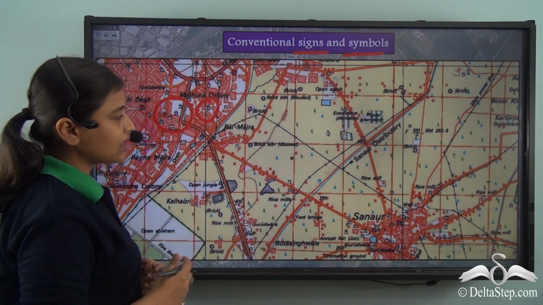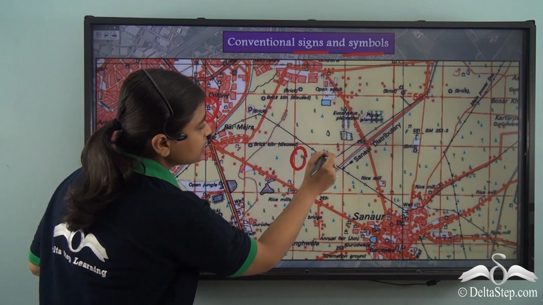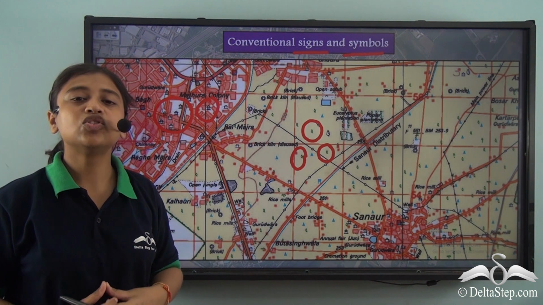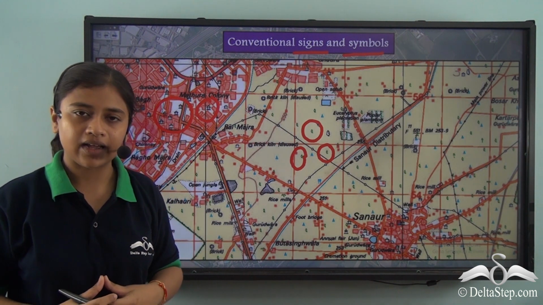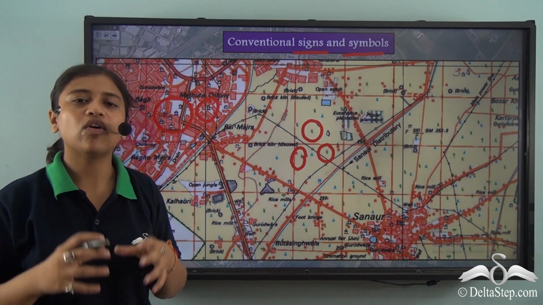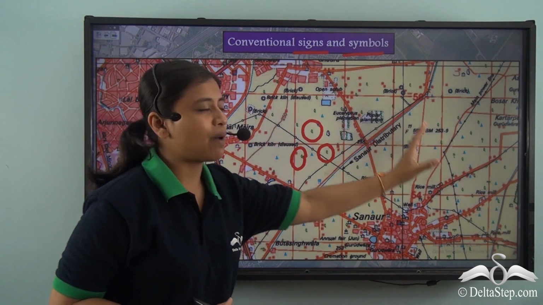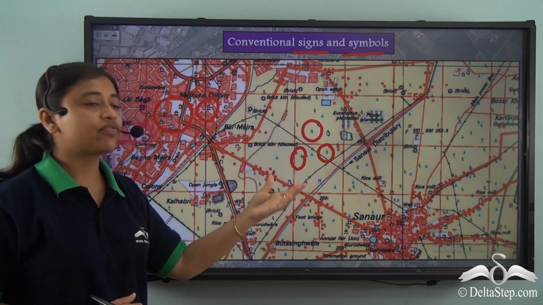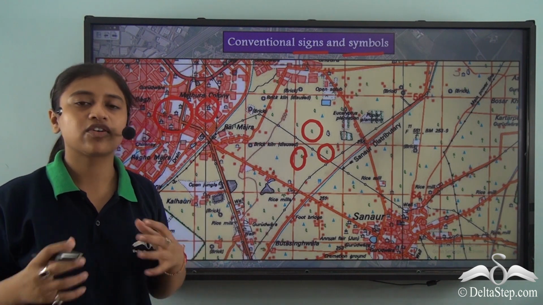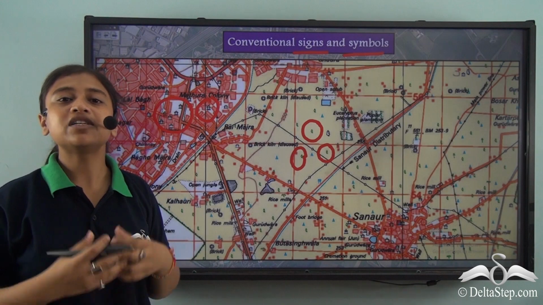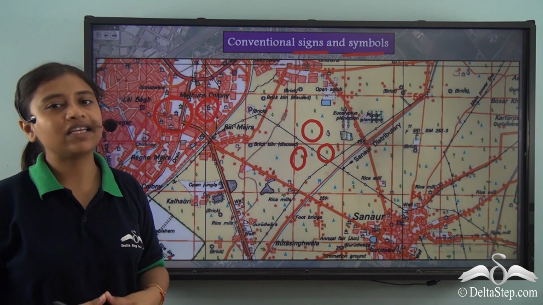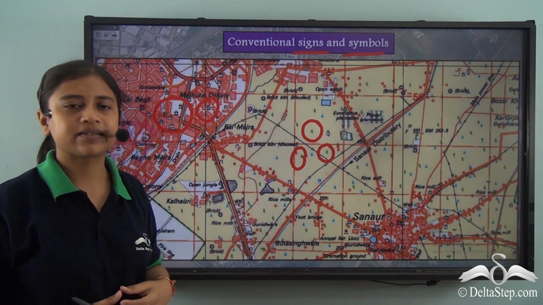Besides that, we see that there is certain vegetation present across the area. That tells us that there is no one particular forested area, but there is presence of different trees that are sparsely distributed. So we see that there are a lot of things that are present on this given geographical area, and we are able to understand or read this geographical area only with the help of these conventional signs and symbols.